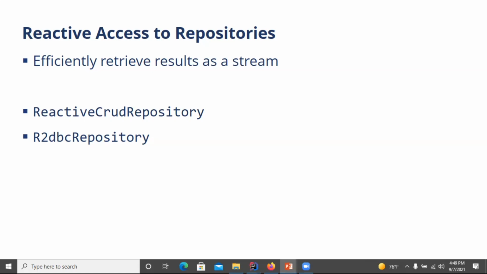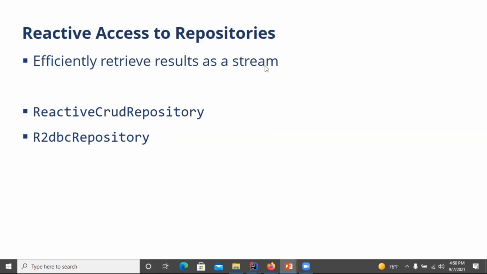But there are situations when you would like to see that some data is already flowing to you from the early stages. Imagine that you go to Google and try to search something. You would like to see quickly a few results on your site. Going reactive will help us retrieving the results as a stream.